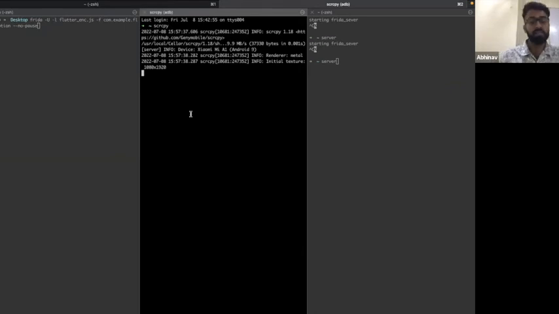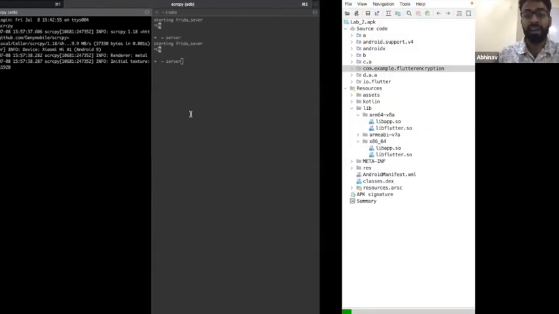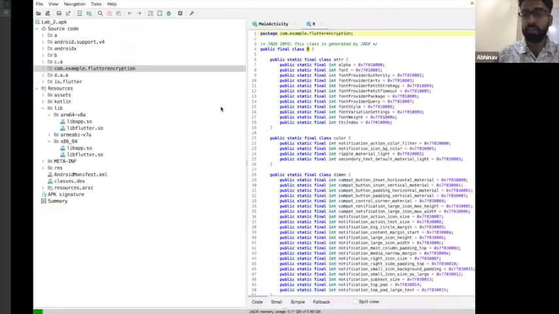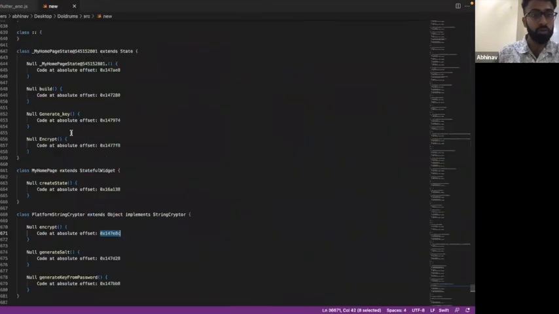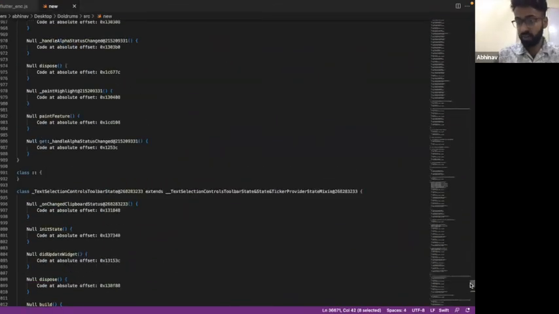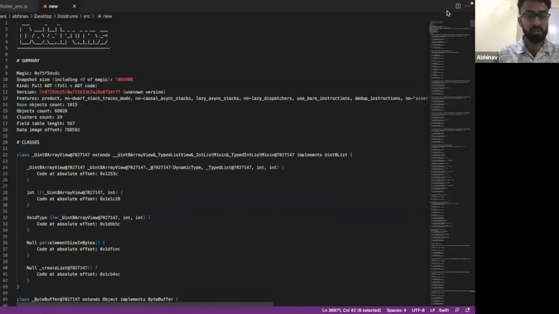It is primarily used as a parser and an extractor from Flutter binaries. I have already run the tool to make it a little easier, and I will show you what it means. We will just quickly go through this to see what we can do with a tool like this when we are reversing a Flutter app.